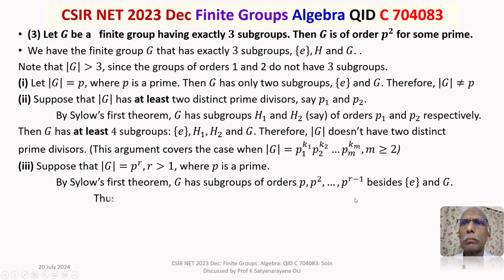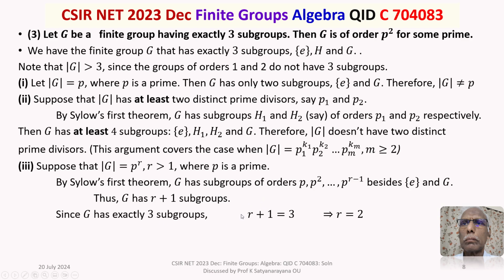Thus G has r plus 1 subgroups. But G should have exactly 3 subgroups. This is possible since r plus 1 is equal to 3. That implies r is equal to 2. Therefore, the order of G is equal to p squared. Thus, we get the assertion that G is of order p squared for some prime number p. Thus, option 3 is also true.